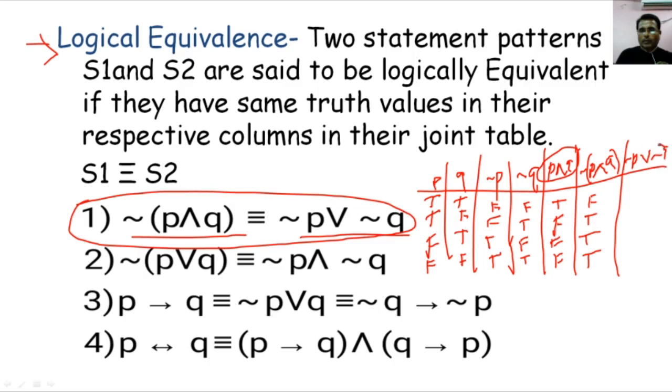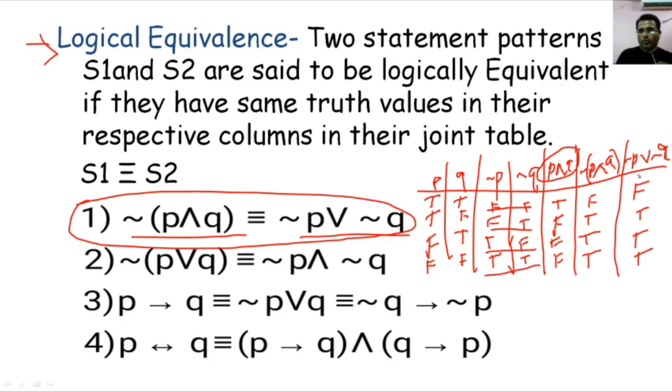So if you are considering negation P or negation Q, then the values will be, this is your negation P, negation Q, false or false is always false, false or false is always false, then false or true is true, true or false is true, and true or true is always true.